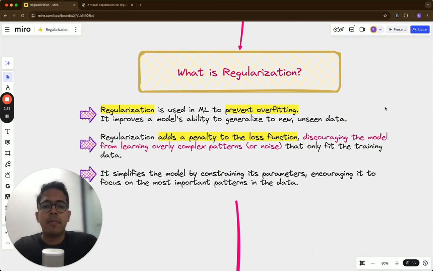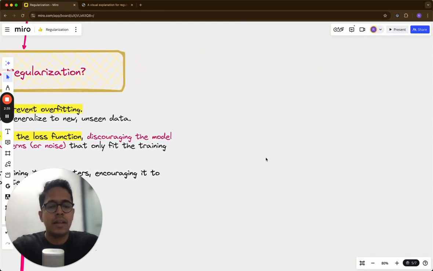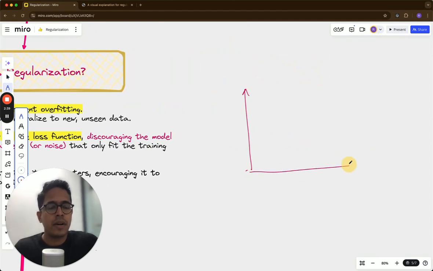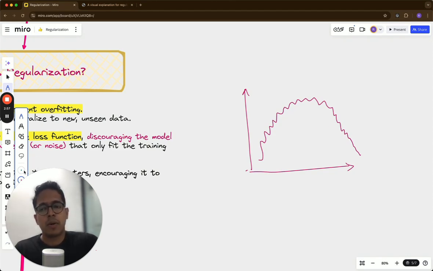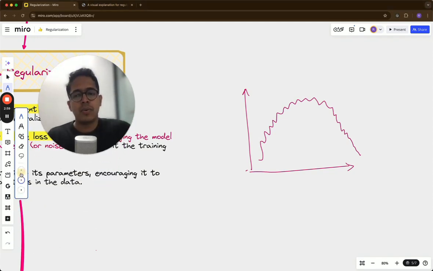So what do we mean by a generalizable pattern? Here is an example. If this y is your prediction and x is your data, and your data looks something like this, and assume this is the training data, then clearly this small waviness or small undulation is probably noise, or it's probably due to maybe a few outliers.